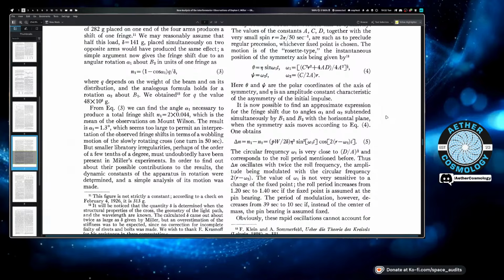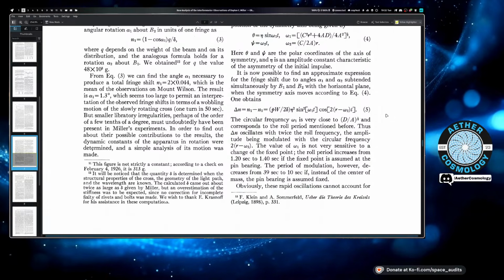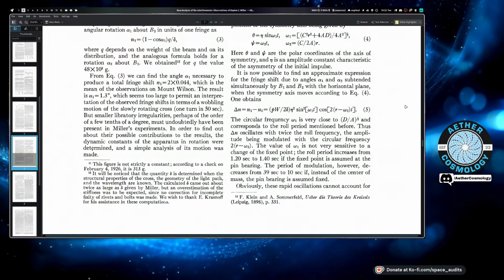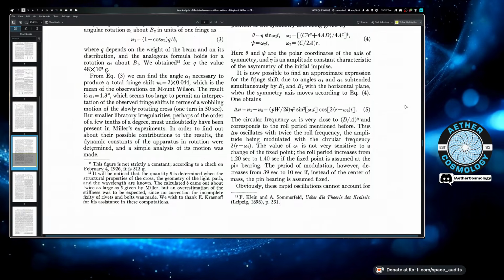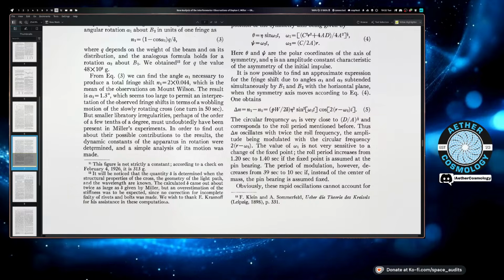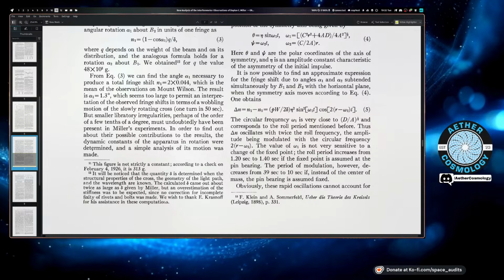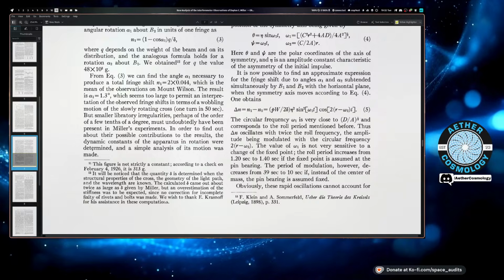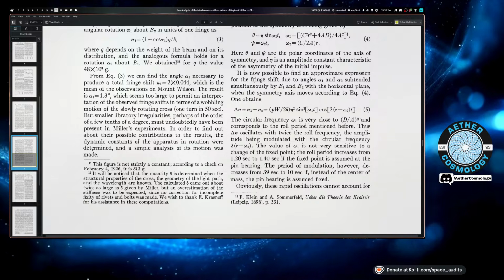That's confusing as hell. Way to go, guy. The circular frequency omega 1 is very close to d over a to the half and corresponds to the roll period mentioned before. Thus, delta n oscillates with twice the roll frequency, the amplitude being modulated with the circular frequency 2 omega r minus omega 2.